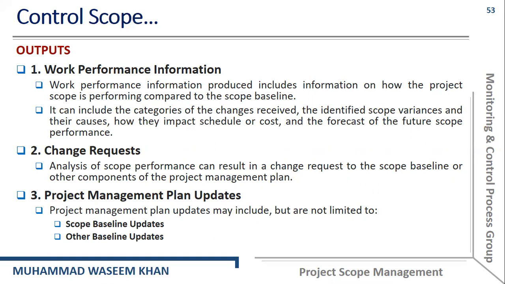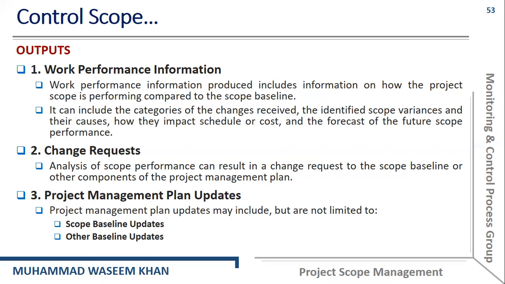And then we have the change requests. Analysis of the scope performance can result in a change request to the scope baseline or other components of the project management plan. And obviously, if you want to make some changes, then you will have to update the project management plan as well. For that, we will go to the scope baseline.